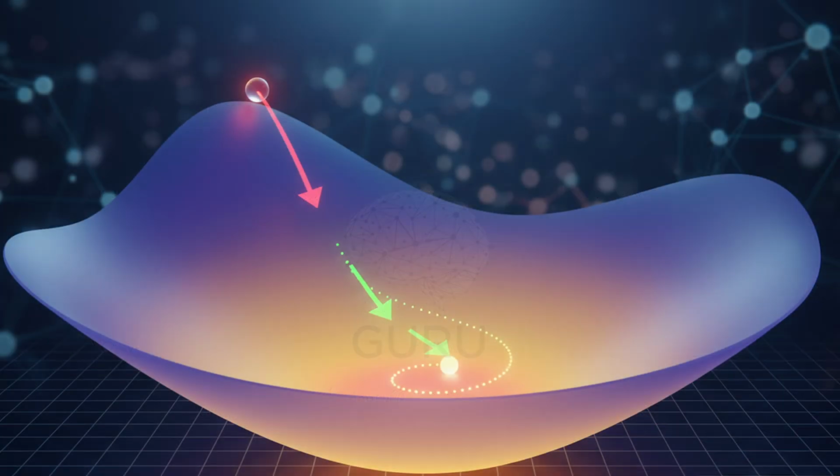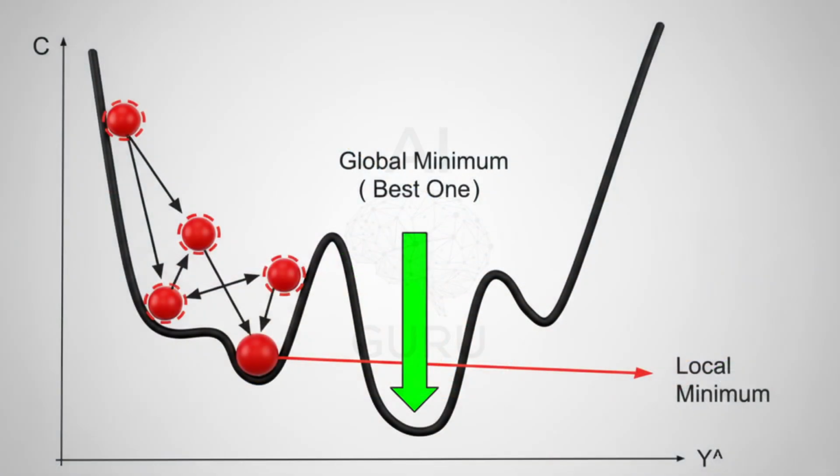Why is that bad? Imagine the cost function as a landscape, and you want to find the lowest point. A convex function is like a simple bowl. There's only one bottom, and no matter where you start, if you always go downhill, you'll find it. Okay, simple enough. But a non-convex function is like a landscape with lots of hills and valleys. There are many little dips, local minima, that aren't the true lowest point, the global minimum.